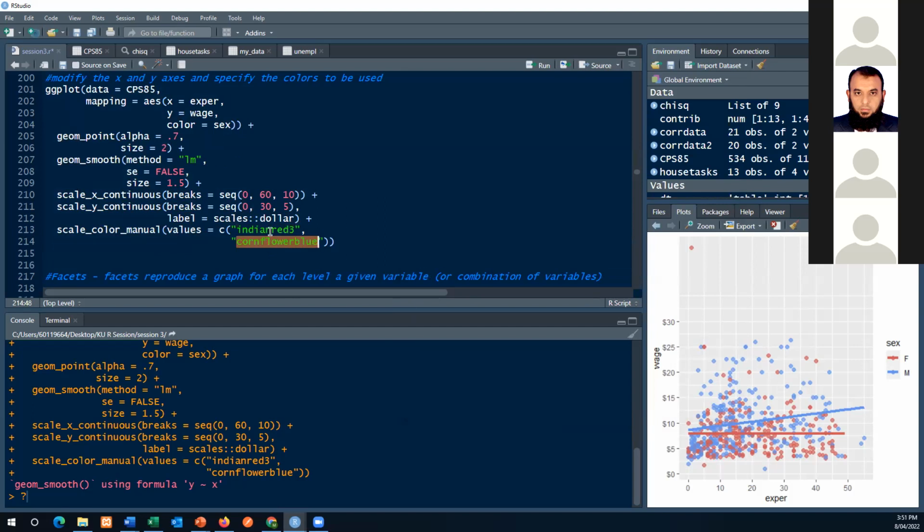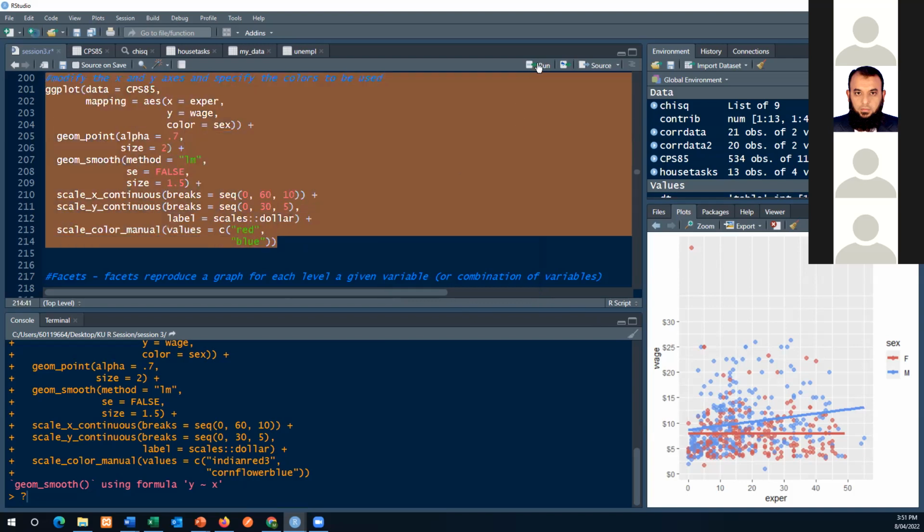You can give red and blue, but if you say red, it will be a very, very daunting red. And if you say blue, it will be a very pure blue, which may not be very good for color blind people, because many people cannot see red as red, blue as blue. So for them, the visualizations have to use not exactly the primary colors. Okay, that's one of the tips for visualization.